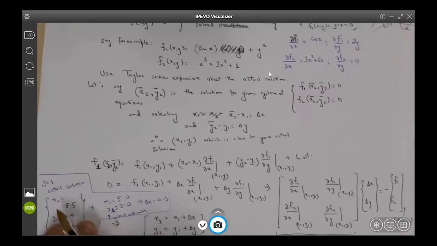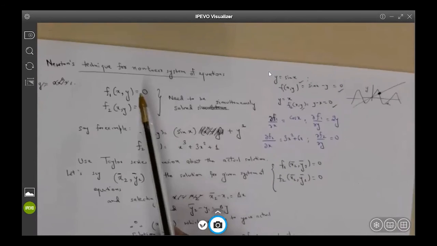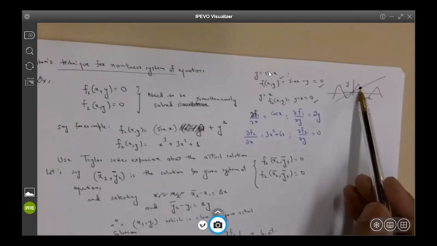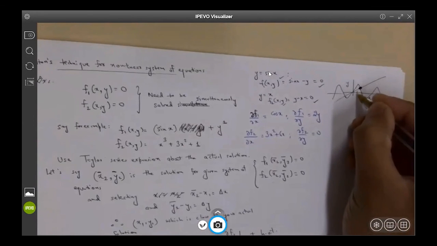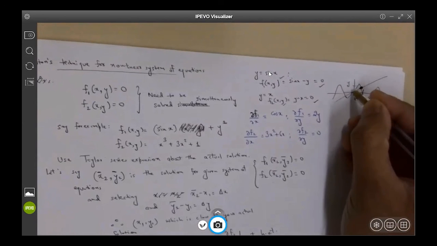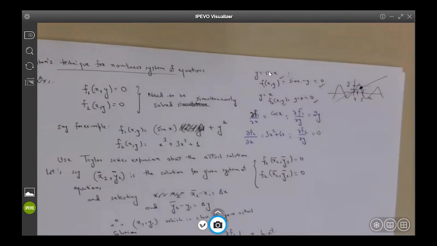If you do not know where the exact solution is, you need to first plot the functions and see where they are intersecting. You don't know exactly at what point they intersect, but you know that it is between 4 and 5. So you can take x as 4 and y as some number. You can plot it first, see at what range they are intersecting, and then use that as the starting values.